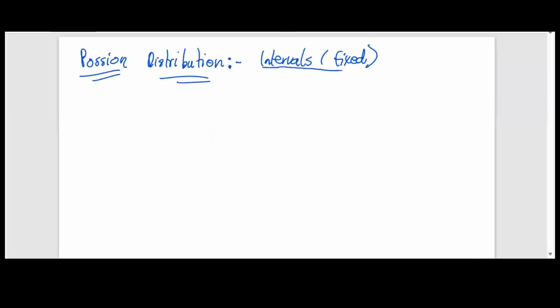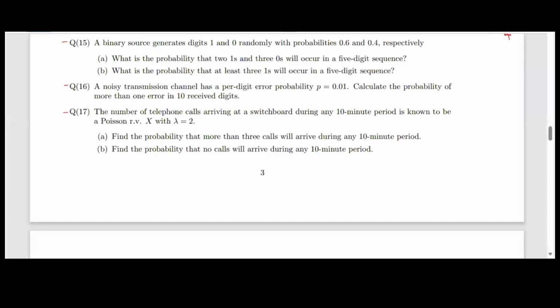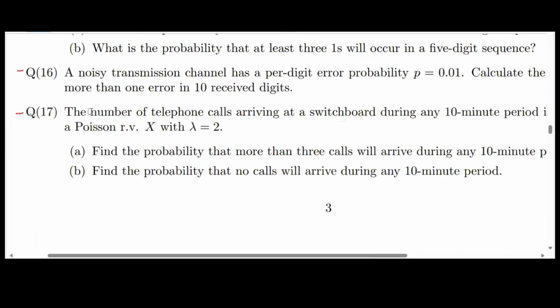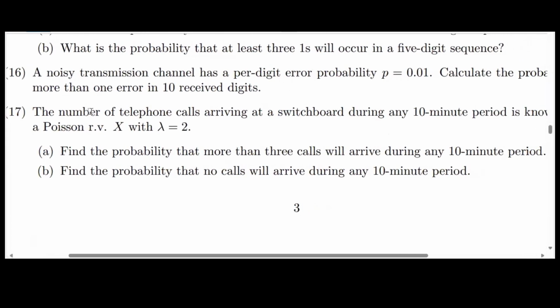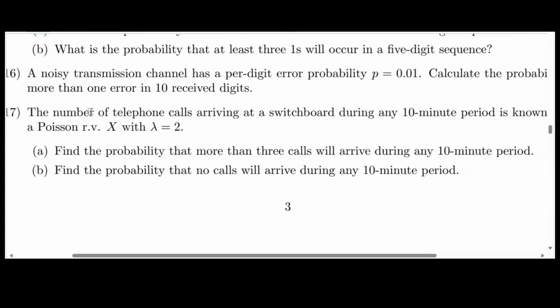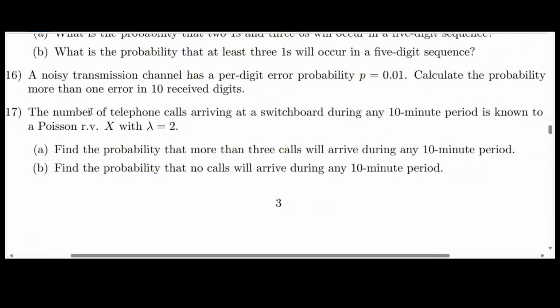Once you see an interval, you know what you're talking about. If I go back to the tutorial, I think number 17 is a Poisson distribution. They give you the parameter, but I said don't worry yourself. The number of telephone calls arriving at a switchboard during a 10-minute period.